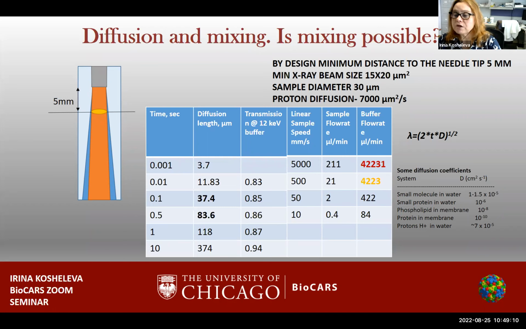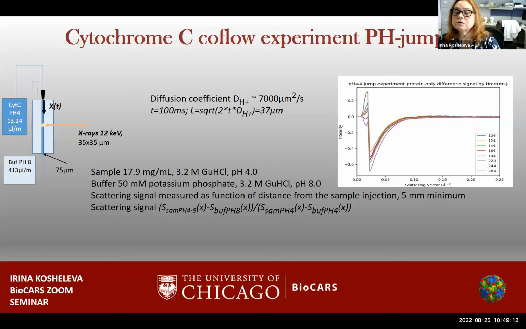And we did these measurements. We did cytochrome C coflow experiments, a pilot experiment, actually quite ad hoc, with Lynchian group, where we used the cytochrome C injected through the needle, and we used the buffer. Yeah, these are the parameters, how we did it. We did a pH jump from 4, and the outer buffer shield was 8, and we were looking at the mixing of that.